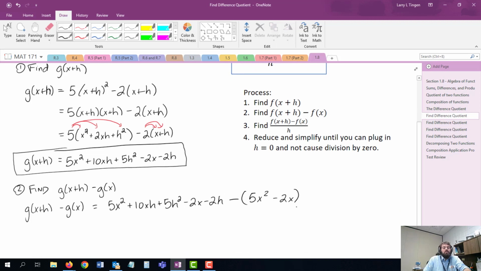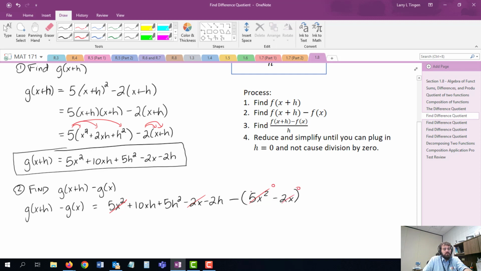Okay, now that minus gets distributed, or we can look at it as 5x squared minus 5x squared. I don't need to distribute it on paper and then subtract everything away. 5x squared minus 5x squared is 0. Negative 2x minus negative 2x is negative 2x plus 2x, which is 0.